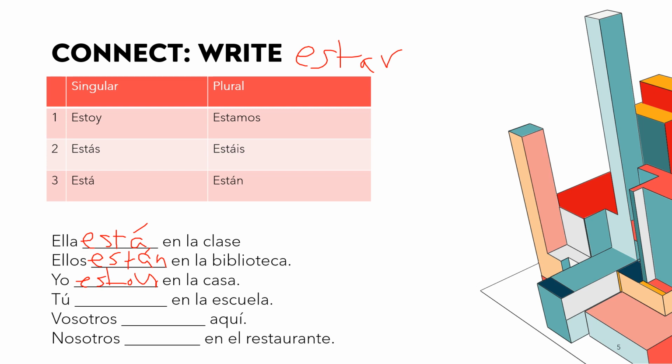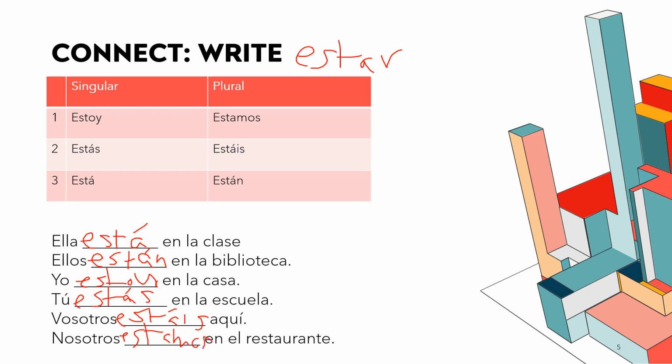Tú is second person singular, so I go to my singular section, 1, 2, and I have estás. Vosotros is second person plural. I go to plural, 1, 2, estáis. And finally, nosotros is first person plural, so I go to the plural side on the first person, I have estamos. So it's connected all of my verbs.